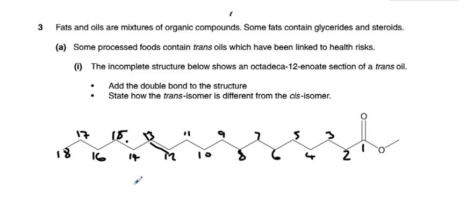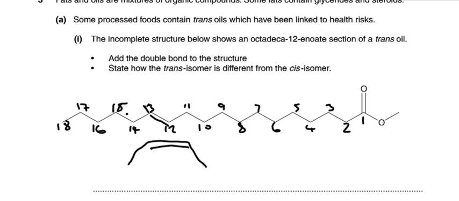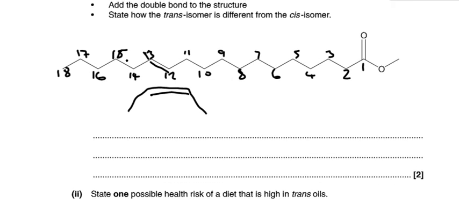So if you were going to have a cis version, you'd simply have a situation where both of the branches, or both of the hydrogens, which you'd have us show in structural formula, are on the same side. So to answer that second part of the question, to pick up the mark, it would be sufficient to draw that diagram, but I think it's worth also adding some words to it.